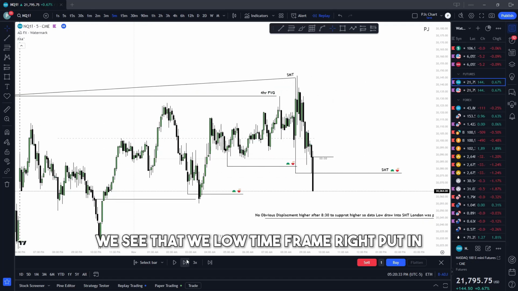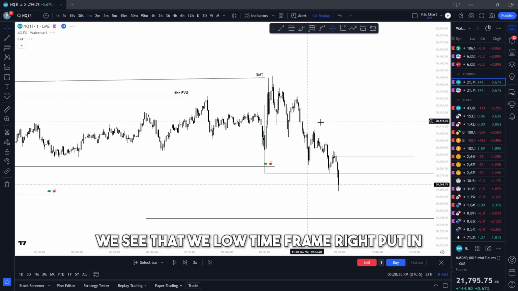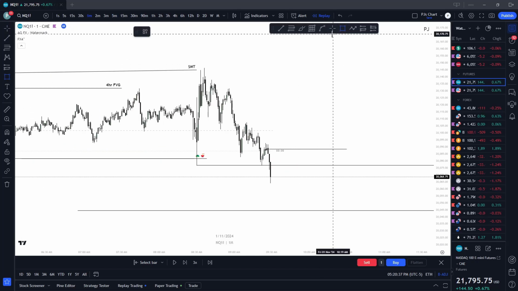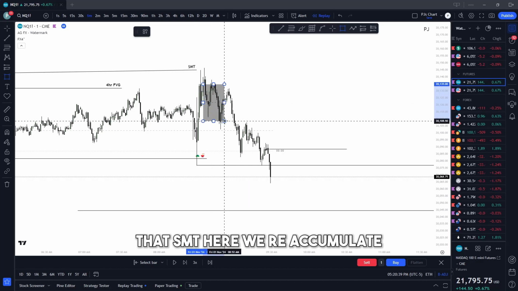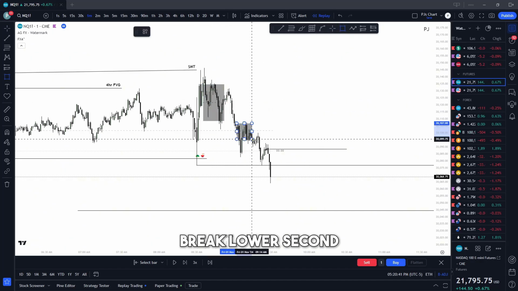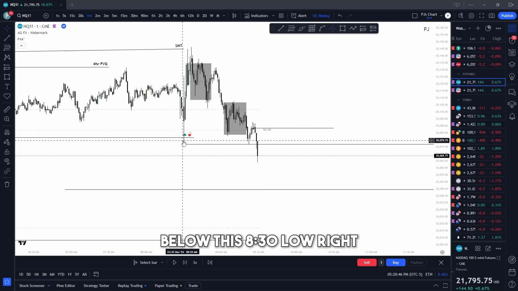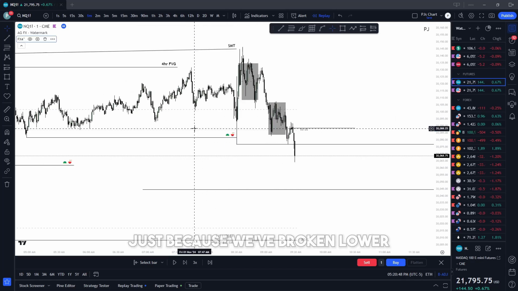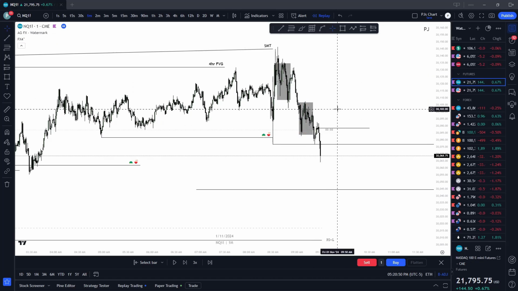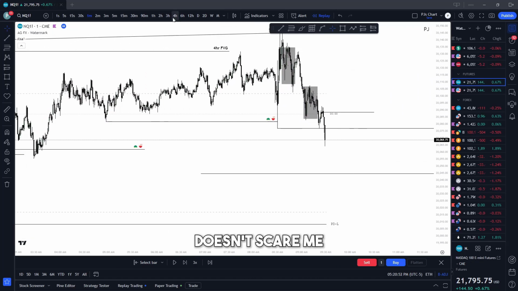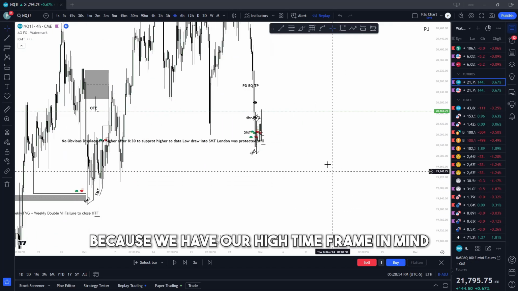We see that we low time frame put in that SMT here, we reaccumulate, break lower, second reaccumulation into an SMT that comes below this 8:30 low. Just because we've broken lower with a little bit of displacement doesn't scare me, because we have our high time frame in mind.